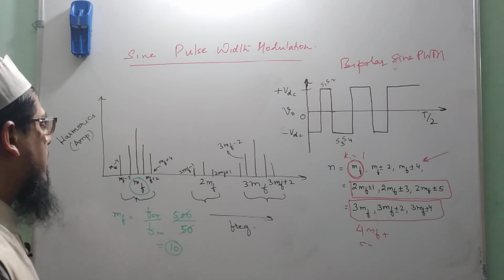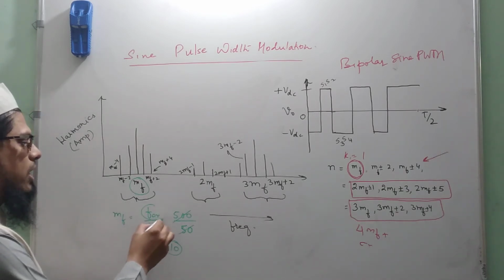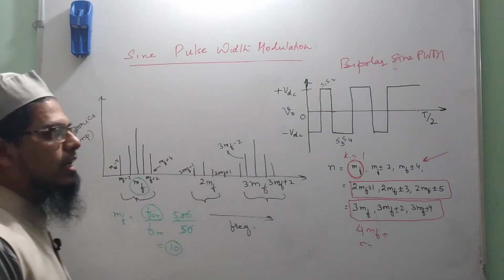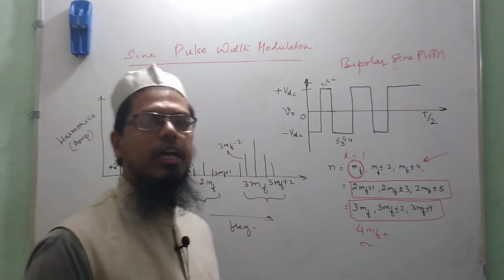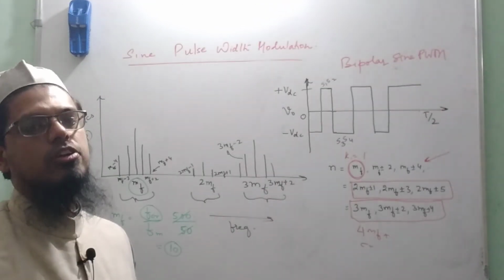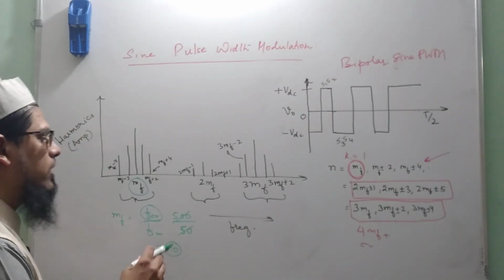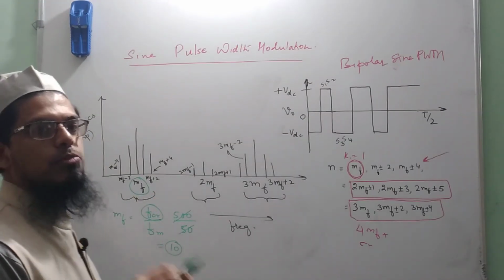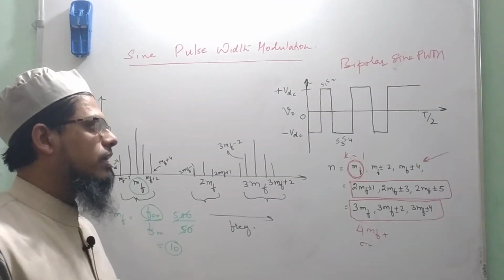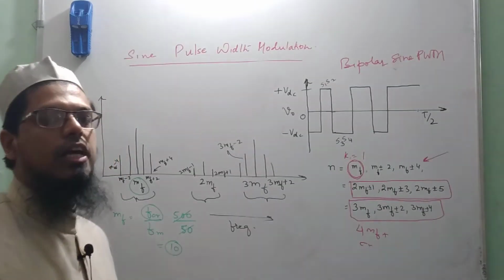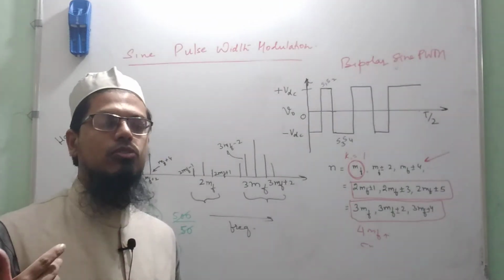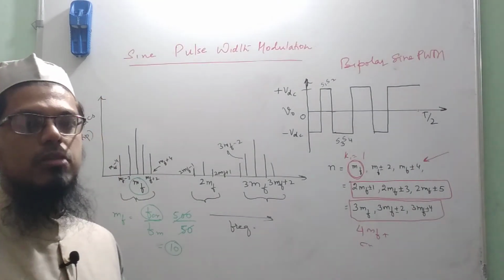If we select a higher value of FCR, that means we are moving away from the fundamental, and we know that filtering higher order harmonics is quite easier compared to filtering lower order harmonics. So we have to keep the value of FCR as high as possible, that means taking the carrier frequency very high. But there is a drawback in taking a very high carrier frequency, because that would mean very high switching of the various power semiconductor devices.